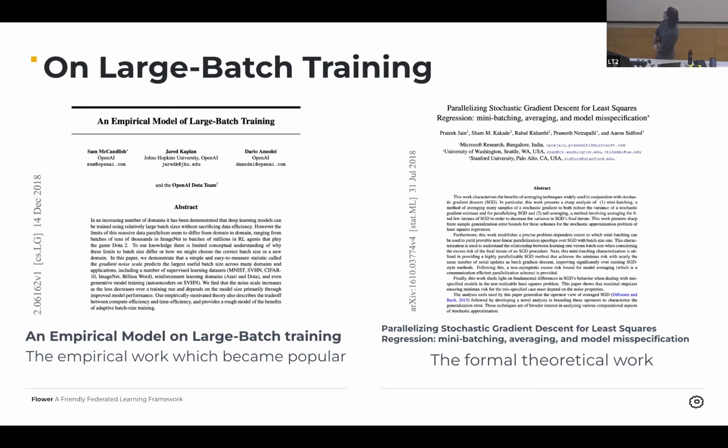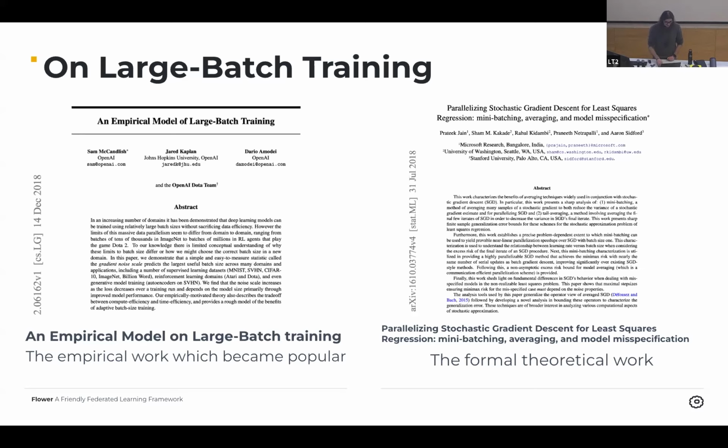There's a related theoretical, more formal work on the right-hand side of this slide. The notation is pretty heavy, as well as the title: Parallelizing stochastic gradient descent for least square regression, mini batching, averaging, and model misspecification. But I assure you, if you want to take a long dive into this topic, it's very good reading.